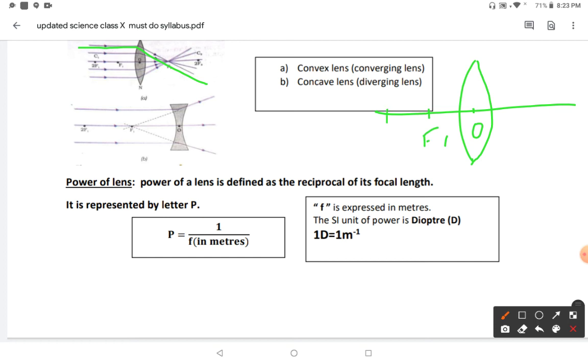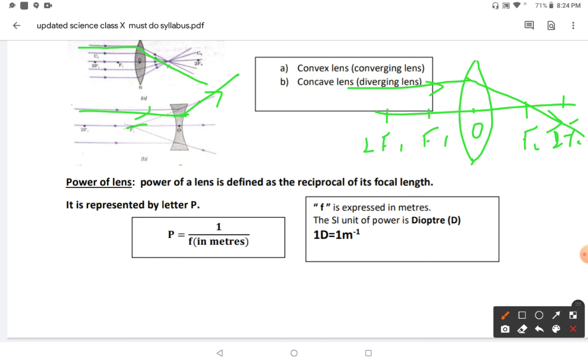Every lens has two focus points and two centers of curvature, because it is made up of two spherical glasses: F2 and 2F2. When the ray is parallel to the principal axis, after refraction it passes through the focus. Another focus is on the right side. Similarly, in the concave lens, when the ray is parallel to the principal axis, it diverges and appears to pass through the focus F1.